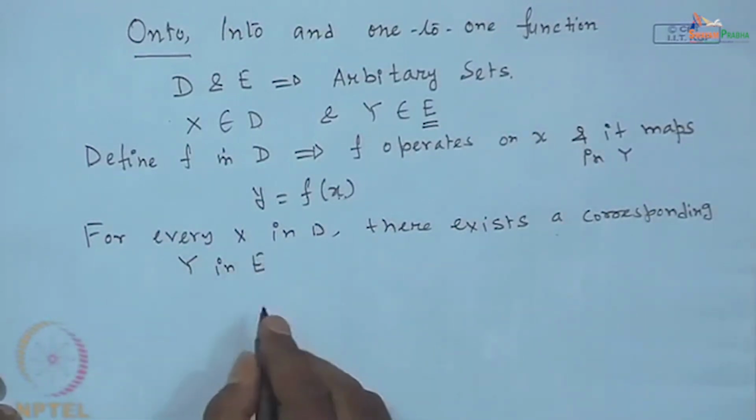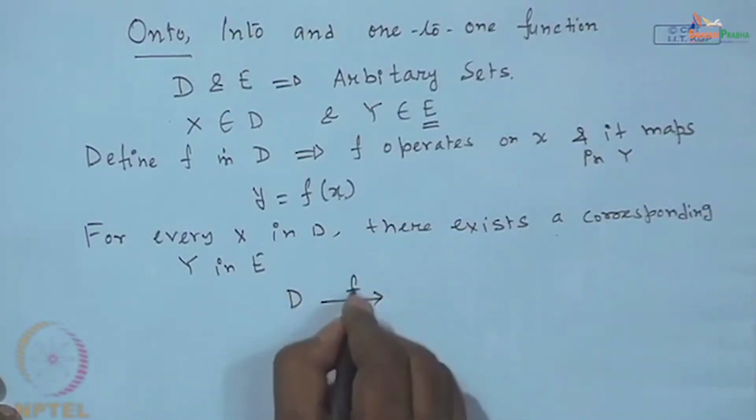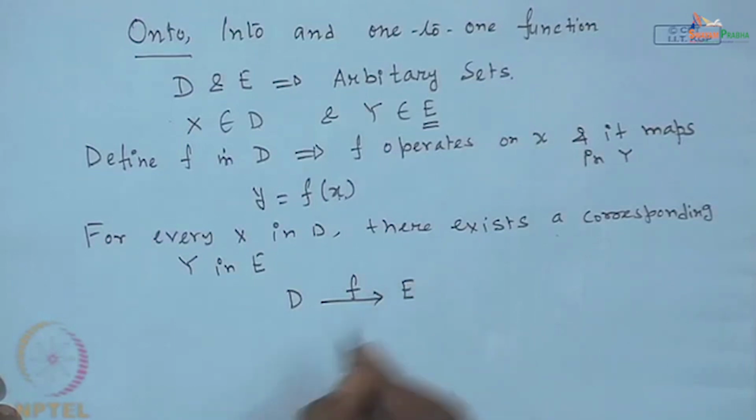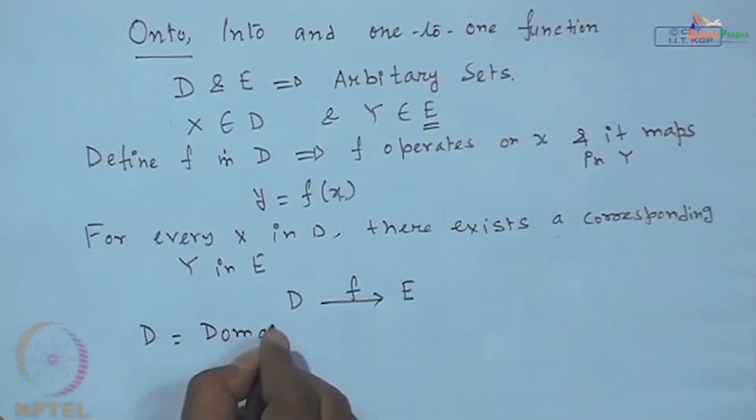So, f is nothing but a map. So, when D is operated by f, it gives a map in the domain E. So, D is nothing but the domain of x.